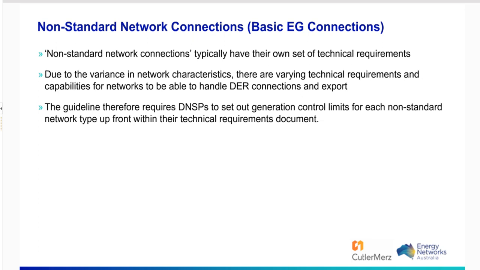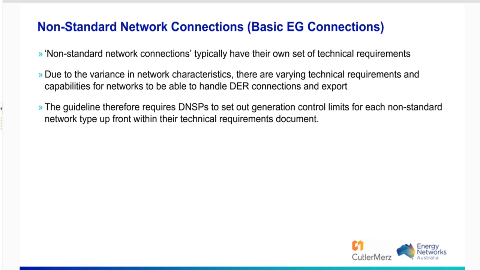And a lot of what's happening with non-standard network connections is the ability, first up, to work through what it is that within a network constitutes a basic connection that can be expedited versus known areas of the network that the DNSP or the network operator flags up front within their guidelines due to technical constraints or issues around voltage or otherwise, are clearly due to historic purposes and the construction of the network, less likely to be able to meet the requirements of a basic connection being expedited because they are typically weaker parts of the network that can't accept a basic connection as well as the core part of the network.